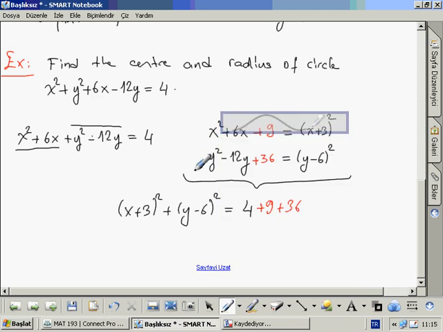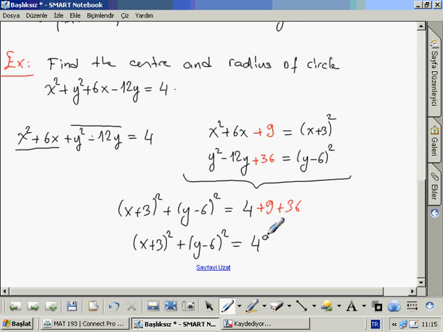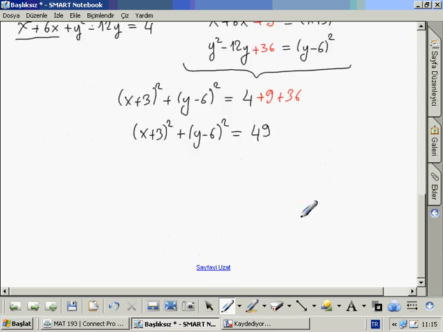So (x plus 3) squared plus (y minus 6) squared equals 49. The square root of 49 equals 7, which is the radius of the circle.